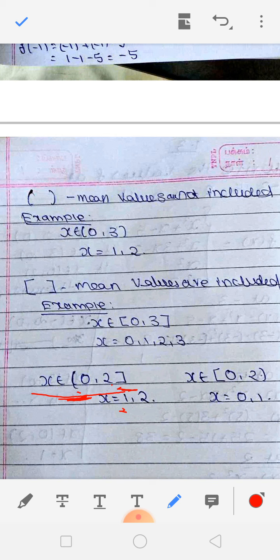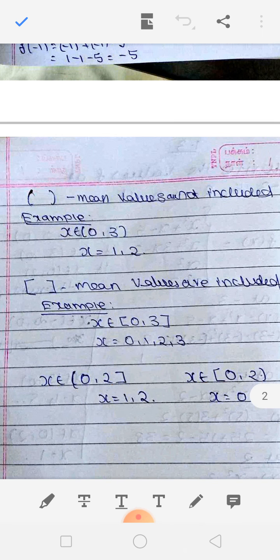The 2 has a closed bracket, so that value must be included. So 1, 2. We can't write 0 because it has the open bracket.